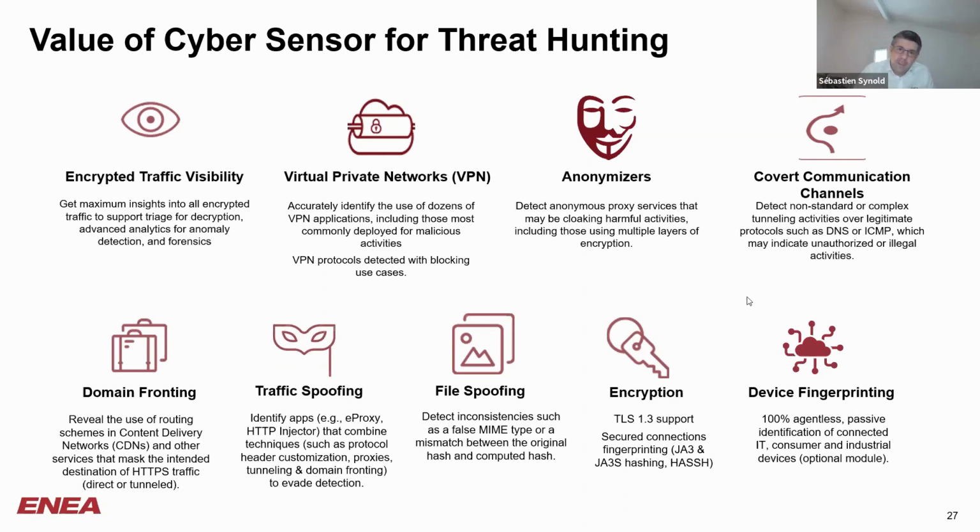Also, the detection of VPN is critical, especially the identification of the VPN provider. Most organizations use a corporate VPN, so this is fine, but the usage of external VPNs must be prevented because they present a high level of risk. So such VPN must absolutely be detected in order to be prohibited.